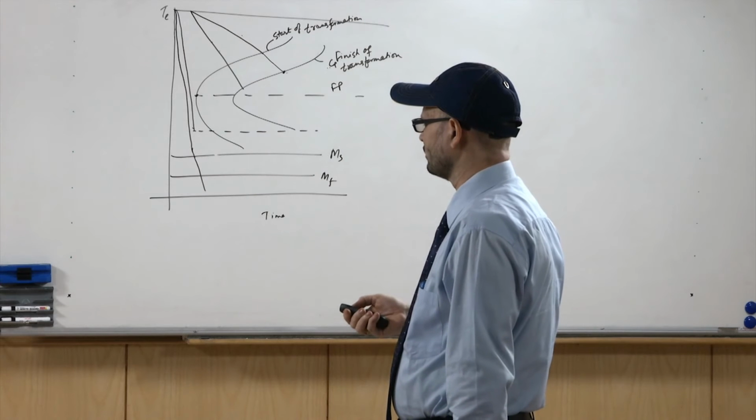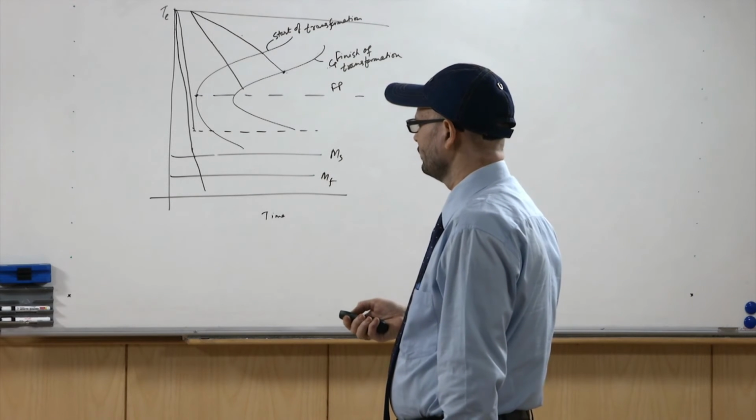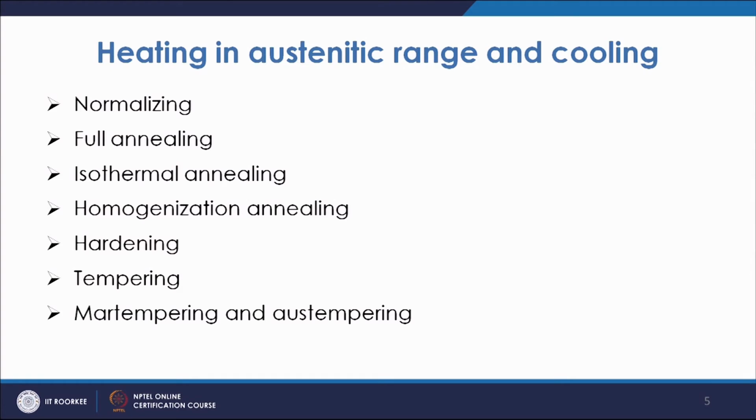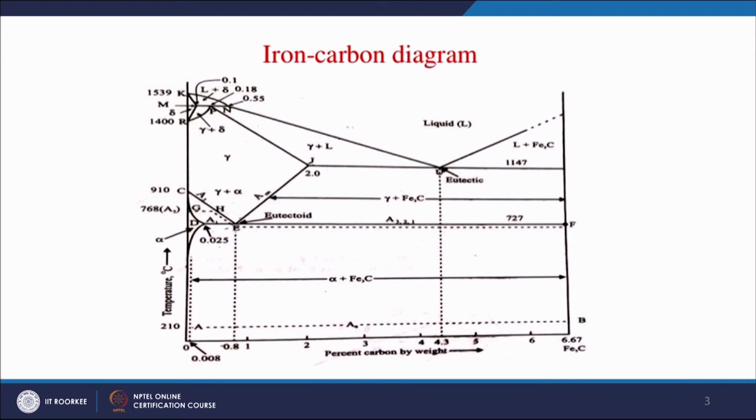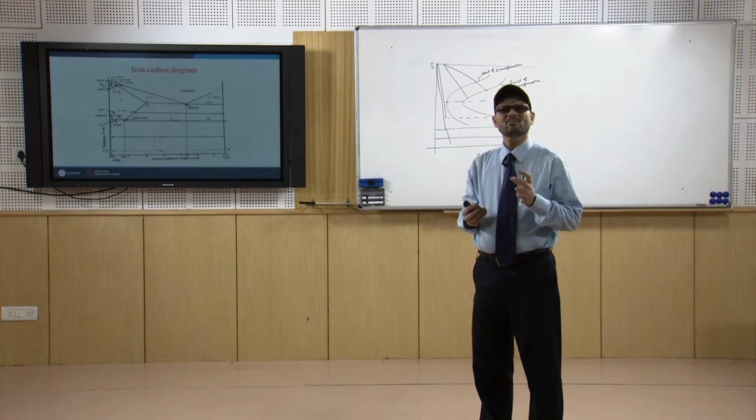So, one is normalizing. Normalizing is based on the concept that you are heating the material in this temperature range. This is the A1 line and this is the ACM line, as it is normally known. So, you are heating 50 to 100 degrees centigrade above this A1, this A3 line or ACM line, and then you are cooling in normal air.